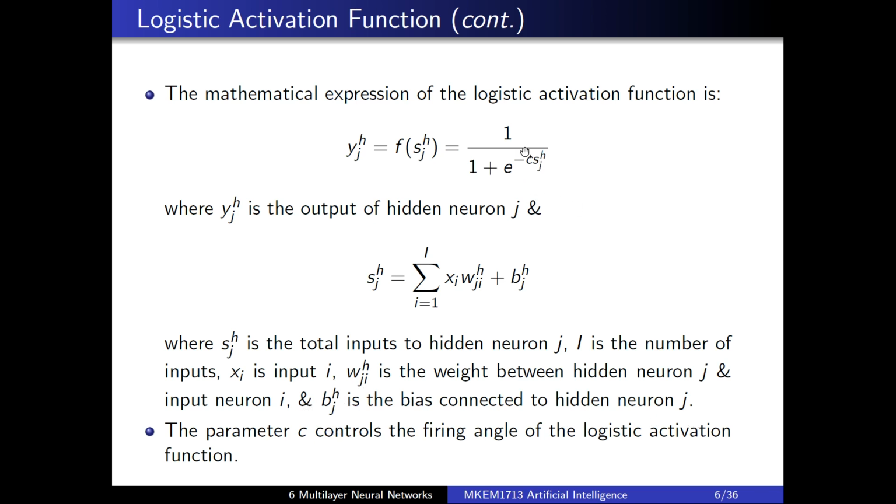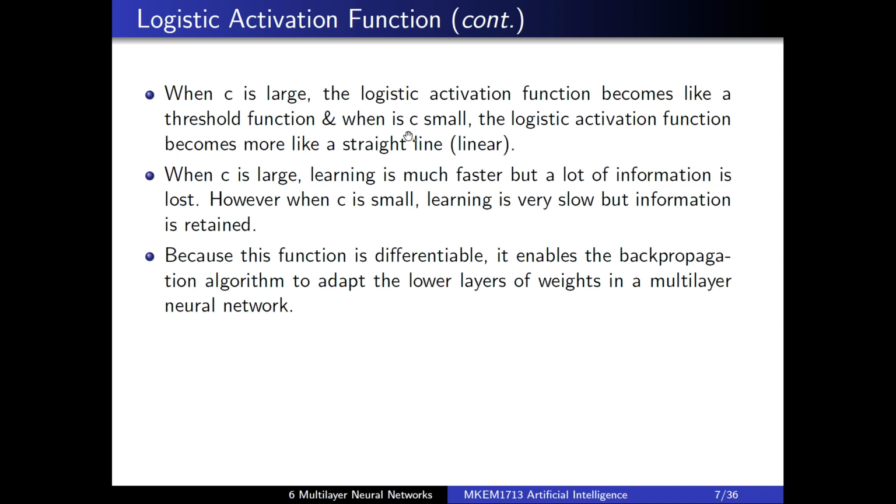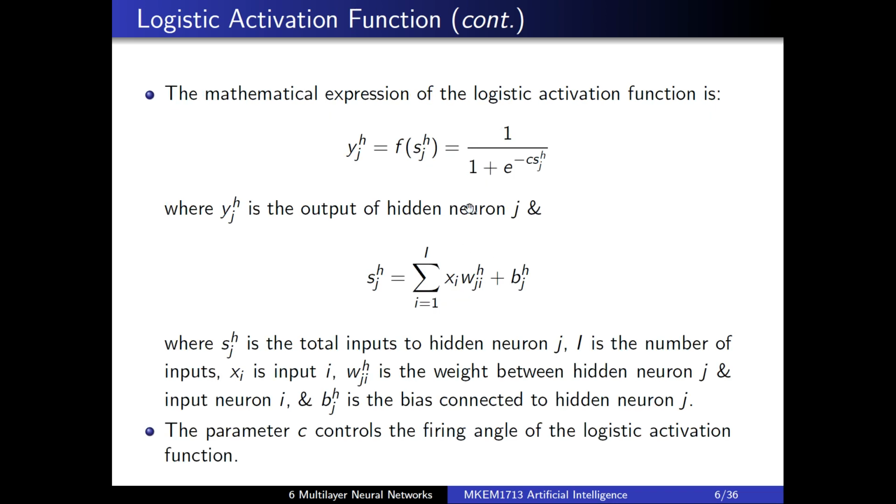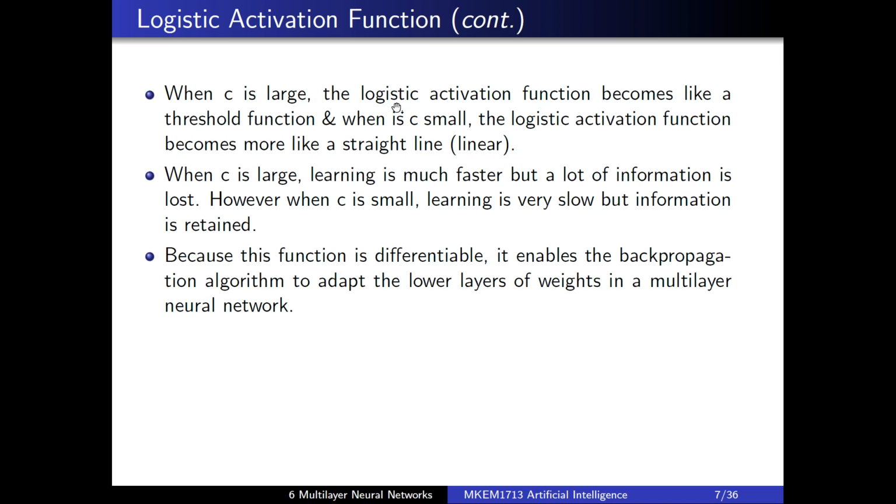The parameter C controls the firing angle of the logistic activation function. So this is the logistic activation function, and you have to memorize this equation. When C is large, sometimes called the firing angle, the logistic activation function becomes like a threshold function or the binary activation function.